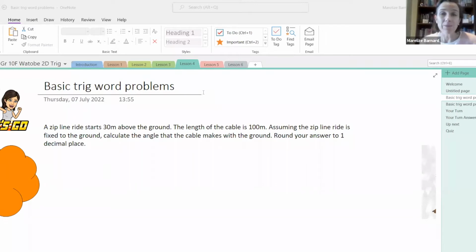Remember that thing about participation. I want everyone to participate. When I ask for emojis, post your emojis. When I ask for answers to questions, post them in the chat. Participate as much as you can. All right, so start reading the question and I'm going to keep quiet.